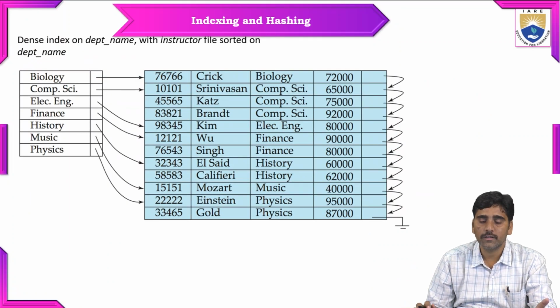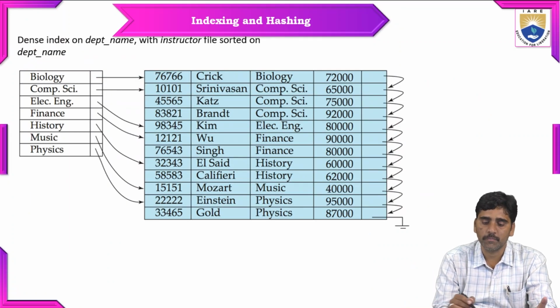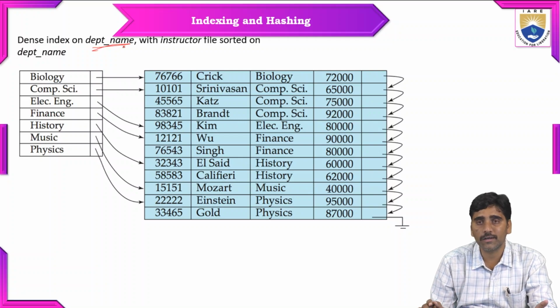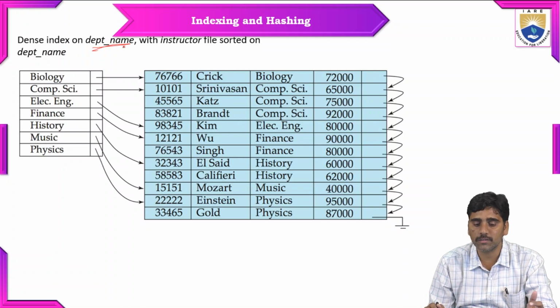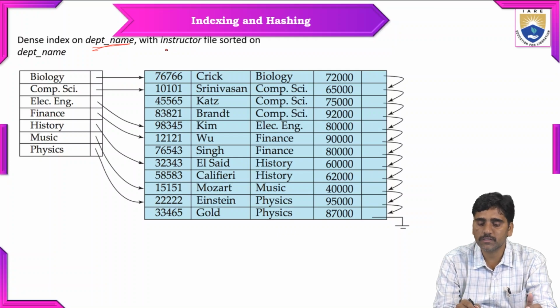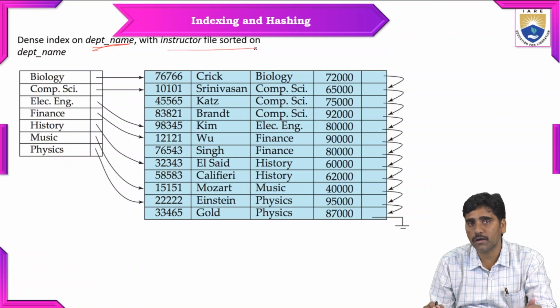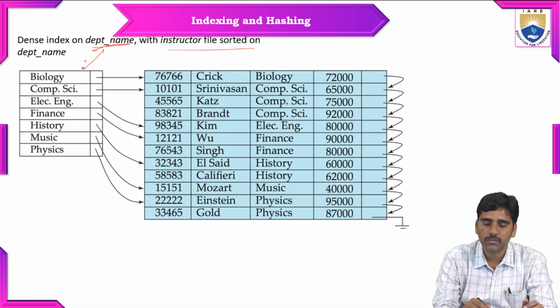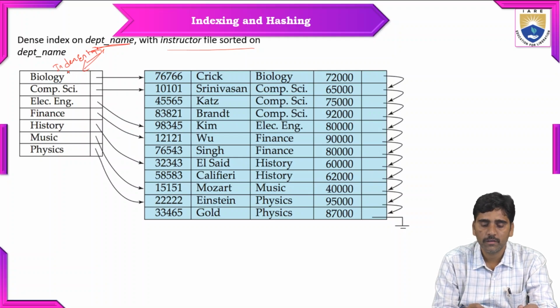Here is the dense index on department name. We can take not only ID, but also department name, with the instructor file sorted on department name. Here we take the index entry as the department name. These are called index entries because all the entries are stored in the index. So the index entry here is the department name.